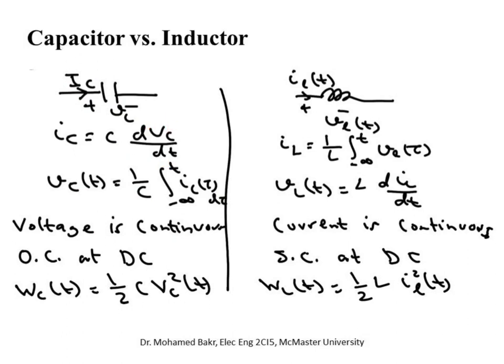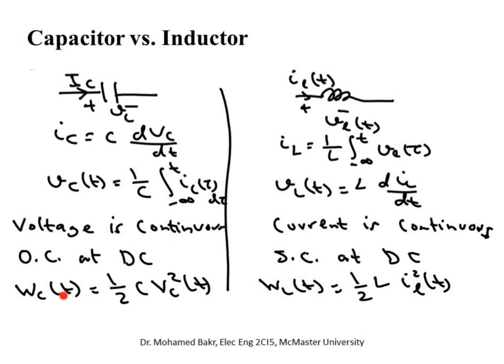Nothing is changing. It's DC. Then dVC by dt will be 0 because nothing is changing with time. If this derivative is 0, this means that the current will be 0. And if you have something that draws 0 current, this means that it represents open circuit. So when you analyze a DC circuit with capacitors in it, you replace these capacitors by open circuit.